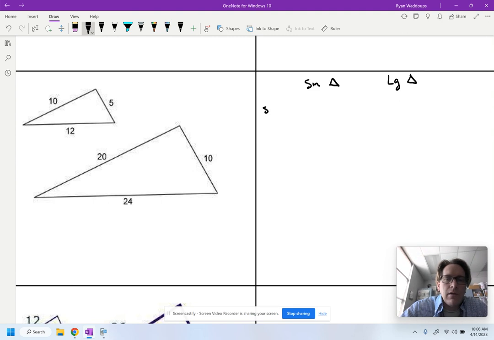I'm going to compare the small side to the large side.